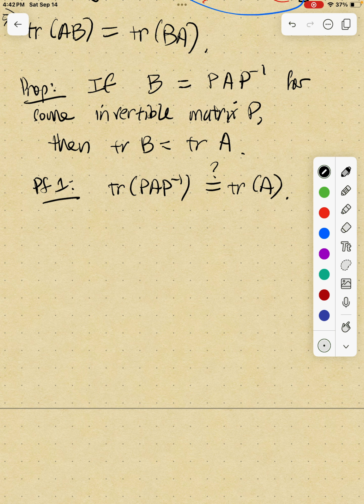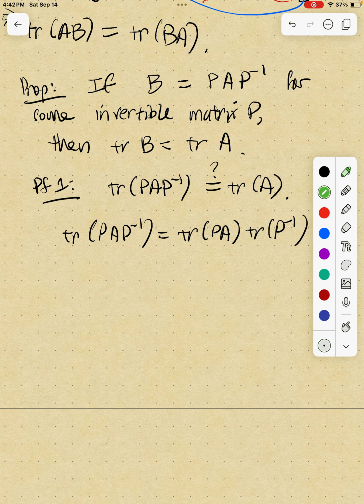Let's see here. How do we do this? Oh, well, the trace of P A P inverse is equal to the trace of PA times the trace of P inverse using the property that we had before.